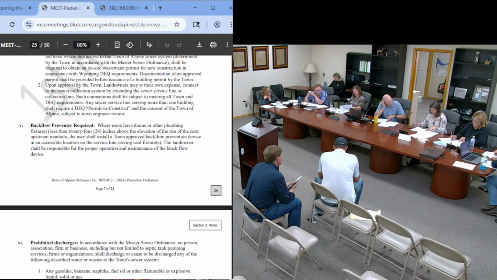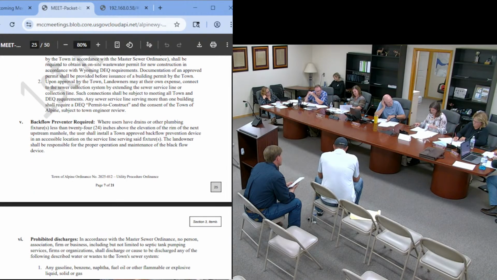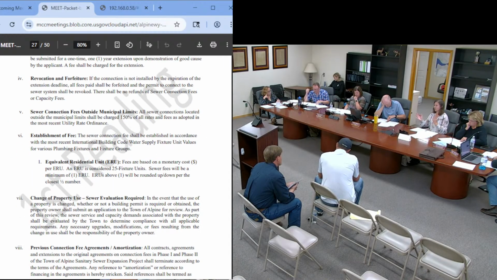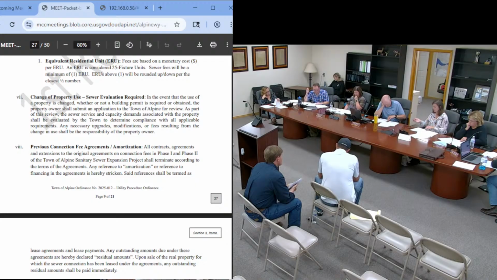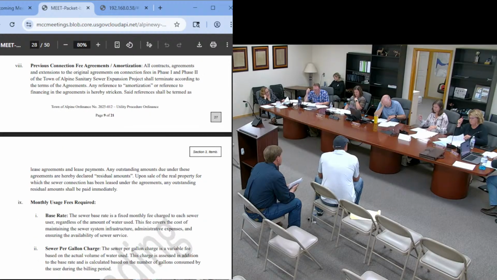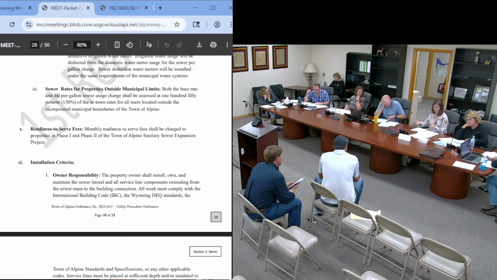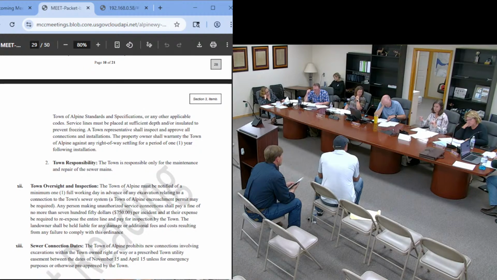Some of this we've already talked about. I was just asking, going on to page 9, 10, 11, where it talks about folks that are on septic systems currently, if their septic fails or their leach field fails, all of a sudden they need to get hooked up to town sewer.